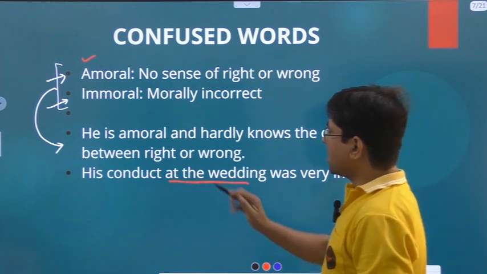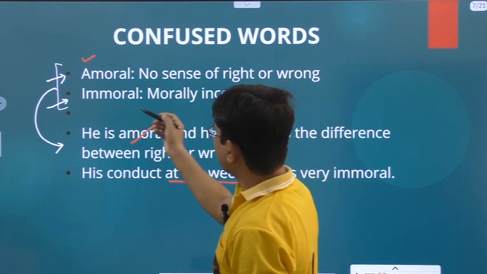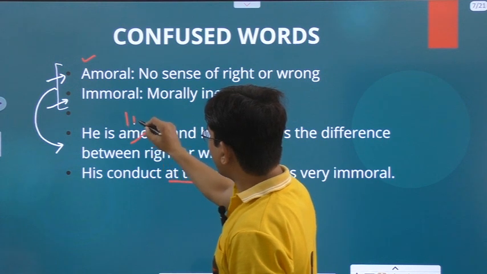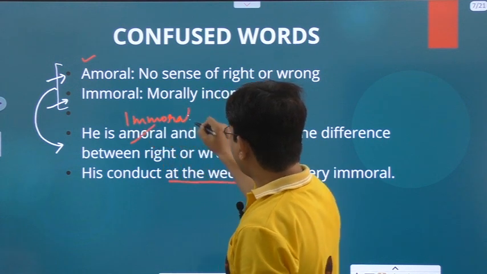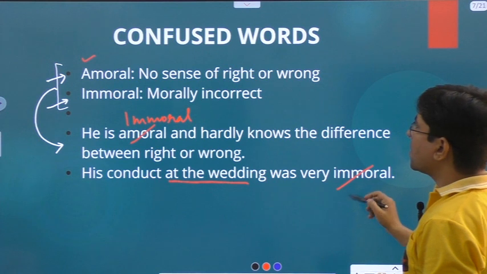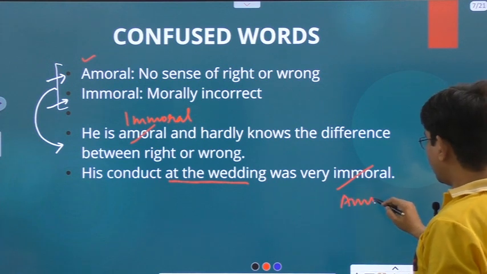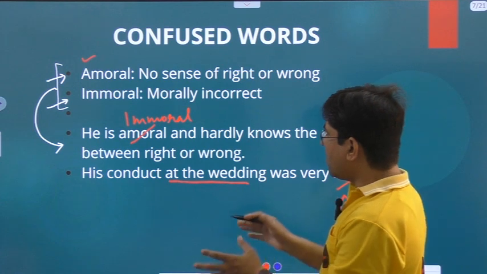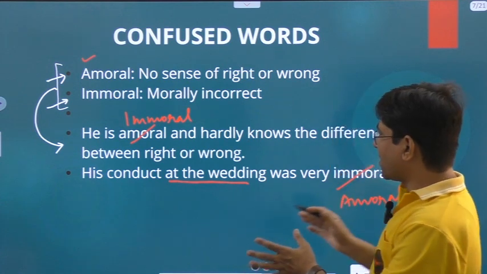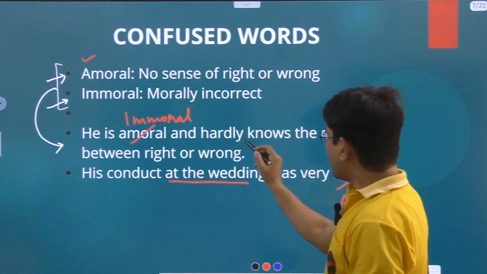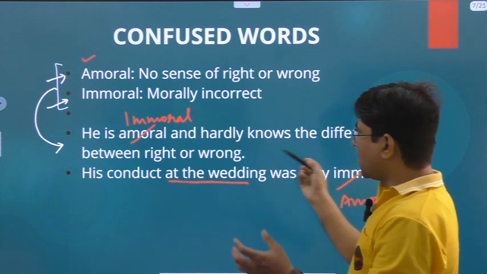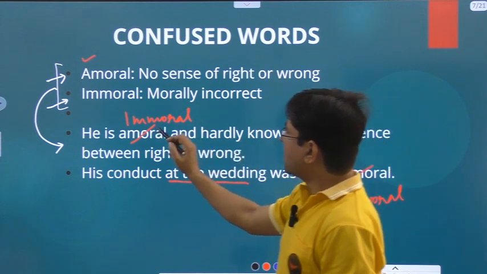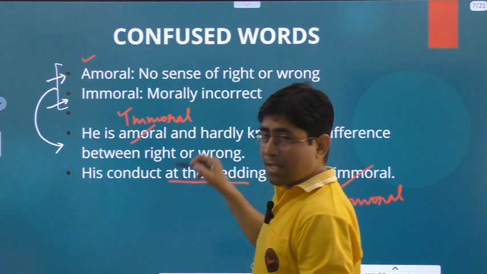Now if you interchange the words, use immoral in place of amoral, and amoral in place of immoral, see how funny these two sentences are. He is immoral and hardly knows the difference between right or wrong. If someone doesn't know the difference between right or wrong, for that you cannot use immoral, so that will be wrong.